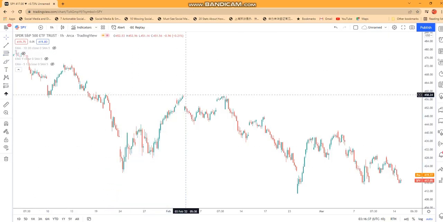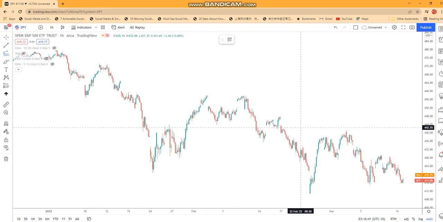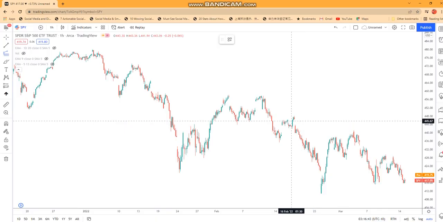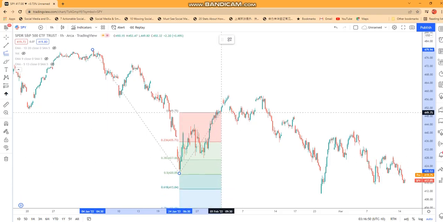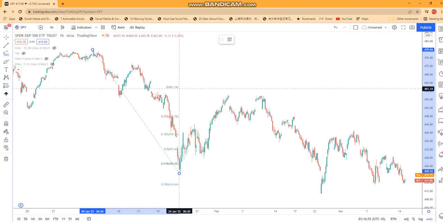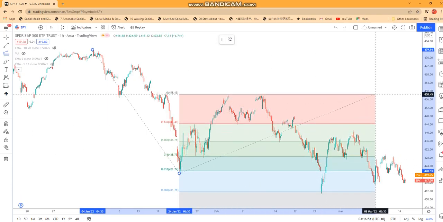The second one, which is the extension, you need A, B, C. So for example, you can see that this is the swing high, A, you pull it to B, and then you pull it to the next wave, A to B to C.